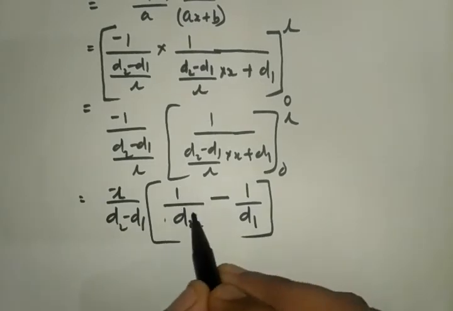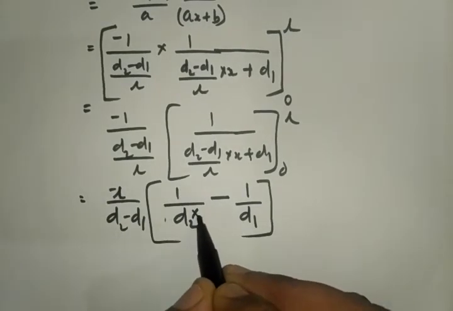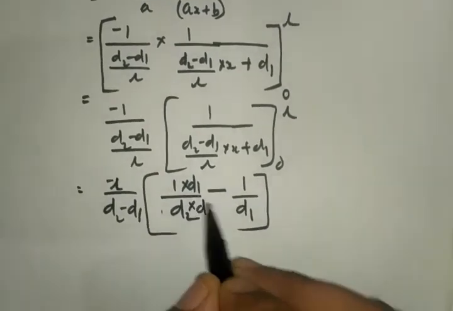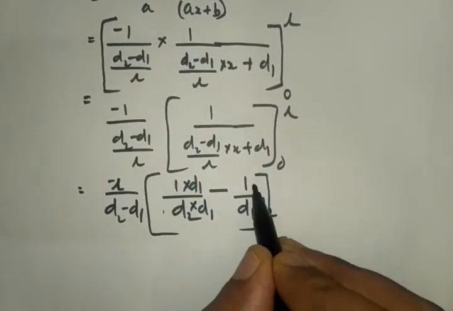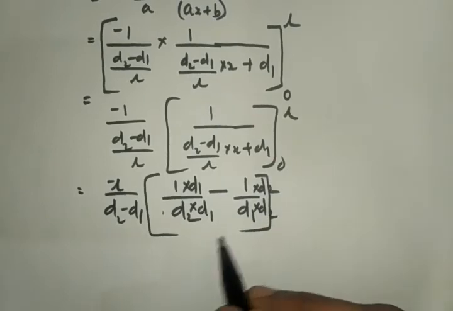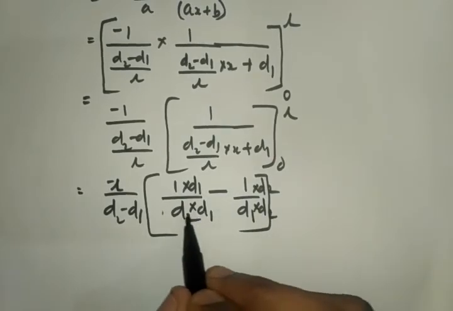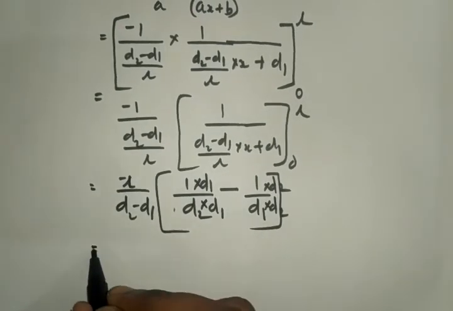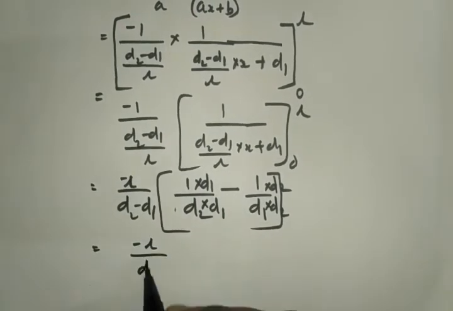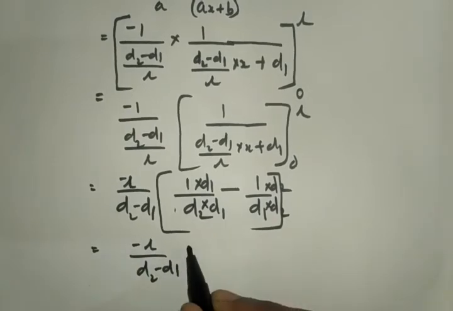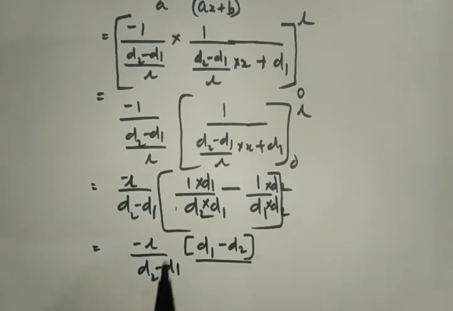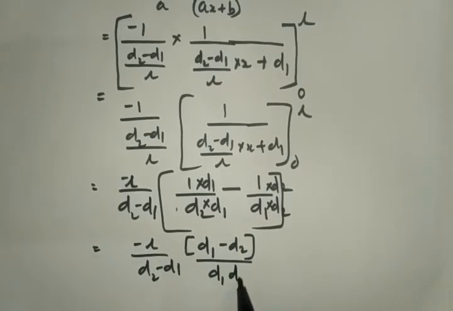Now take the LCM, so that d1 into d2 is the LCM, and put d1 also here. So the value will become minus l by d2 minus d1 into (d1 minus d2) divided by d1 d2.